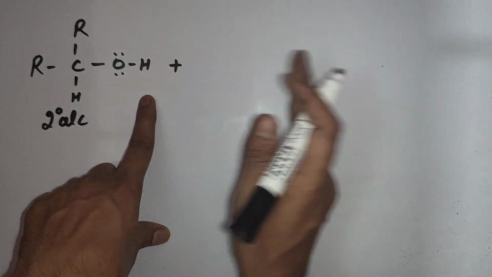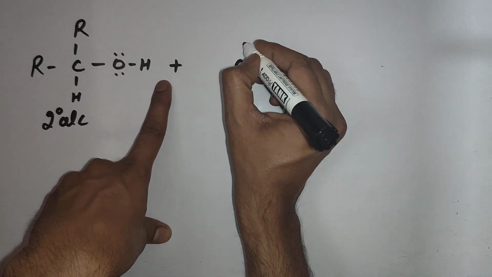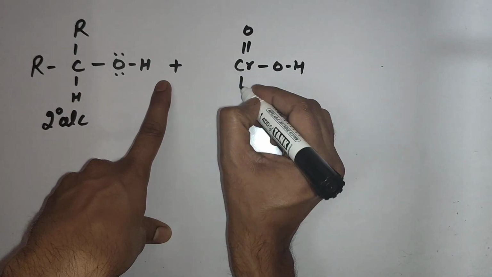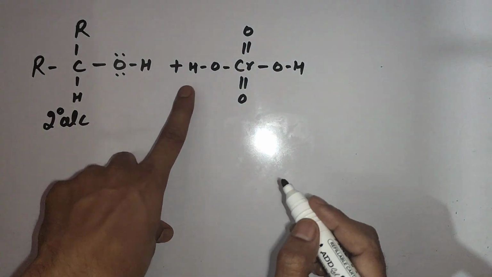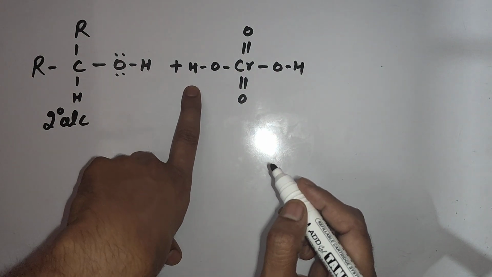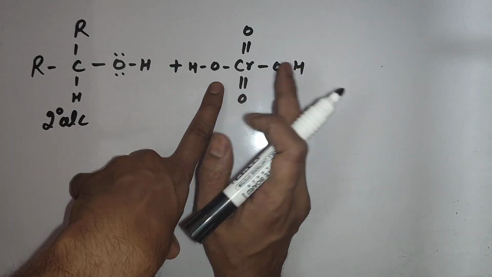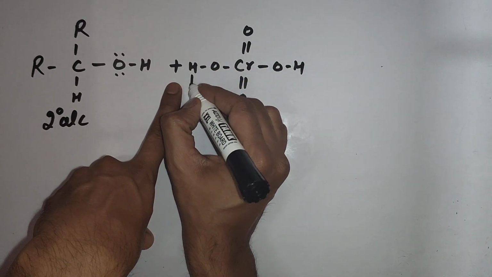Chromic acid is bringing the whole reaction. This is chromic acid, which was generated from K2Cr2O7. Chromic acid is a stronger acid as compared to alcohol. So what will it release?